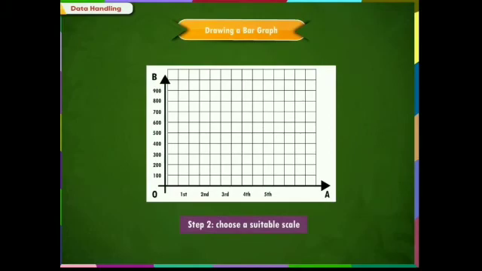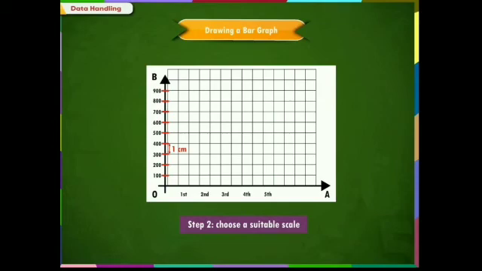We can mark the vertical axis with numbers like 100, 200, 300, 400, 500, 600, 700, 800, and 900. We can stop at 900 as we don't have number of mattresses beyond 900. So the scale we have chosen here is 1 centimeter equal to 100 mattresses along the vertical axis.